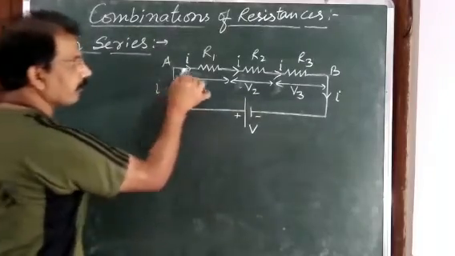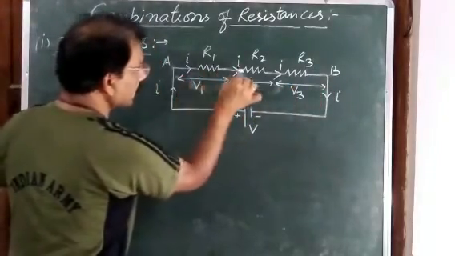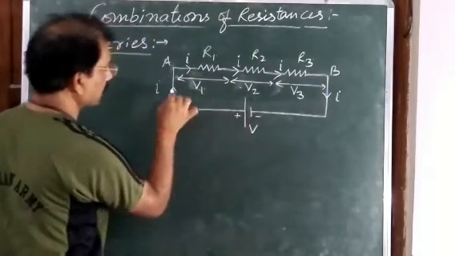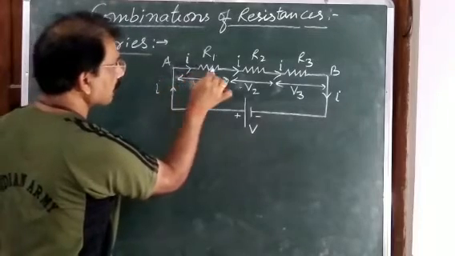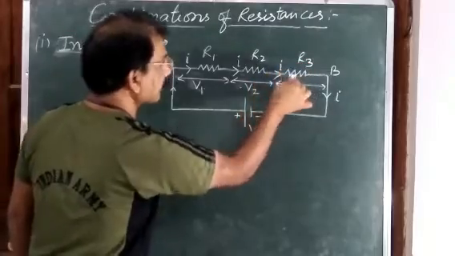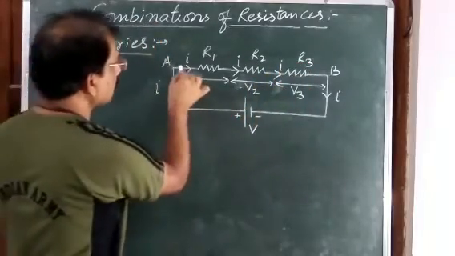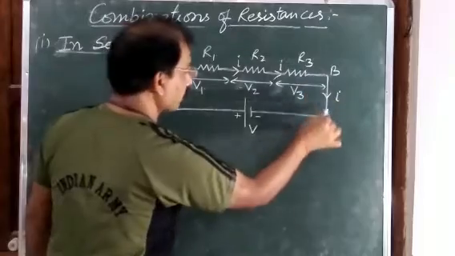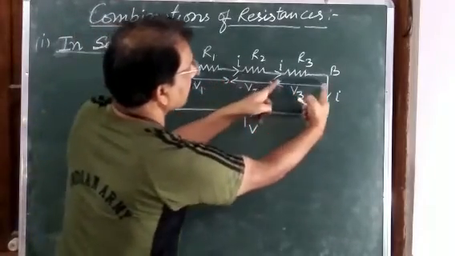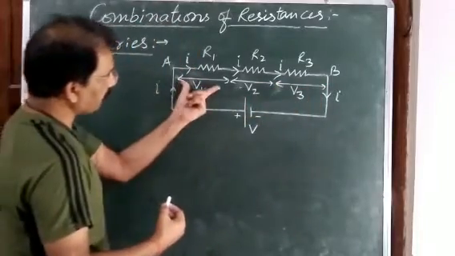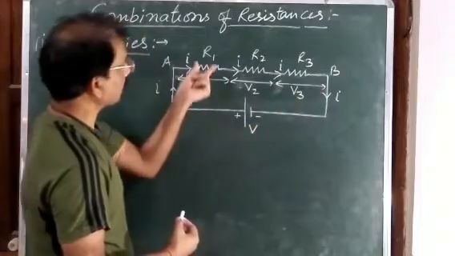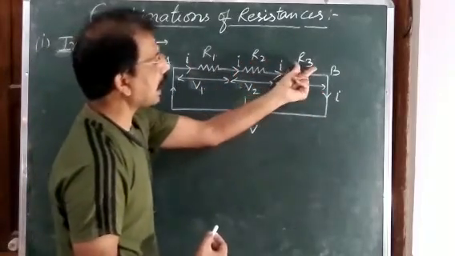In series combination, the current in each resistor will be the same. Suppose the cell is sending the current I, so the same current I passes through R1, the same current passes through R2 and R3. It means in series combination, the current in each resistor is the same, but the potential difference across each resistor will be different. Let V1, V2, V3 be the potential differences across R1, R2 and R3.